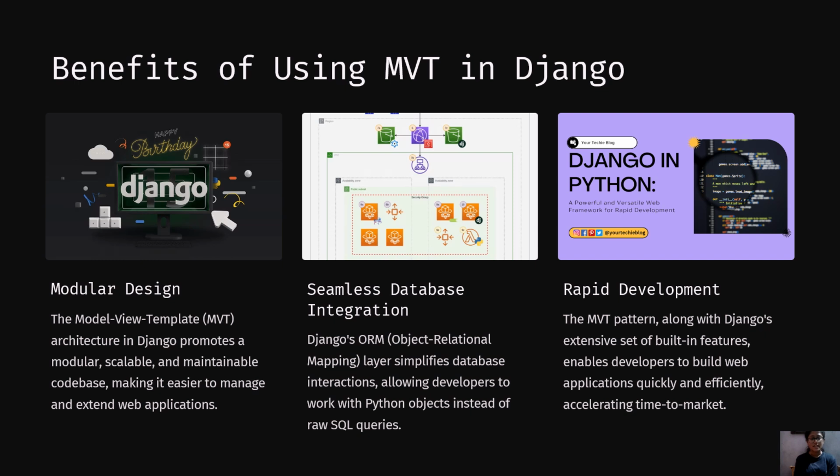Seamless database integration: Django's ORM, object relational mapping layer, simplifies database interactions, allowing developers to work with Python objects instead of raw SQL queries. Rapid development: the MVT pattern along with Django's extensive set of built-in features enables developers to build web applications quickly and efficiently, accelerating time to market.